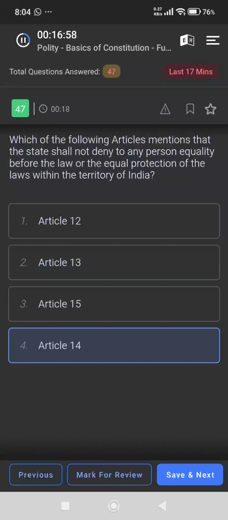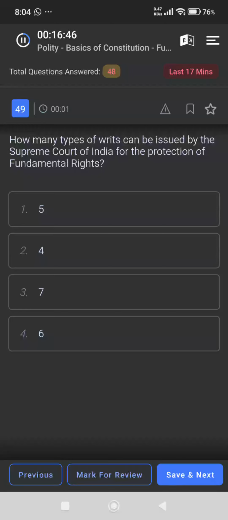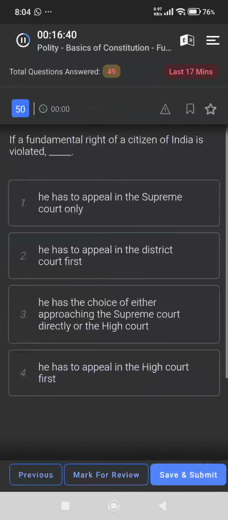Article 14. Citizens are not discriminated against on the basis of religion, caste, or sex because of right to equality. How many types of writs can be issued by the Supreme Court of India for the protection of fundamental rights? 5. If a fundamental right of a citizen of India is violated, he has a choice of either approaching the Supreme Court directly or the High Court.